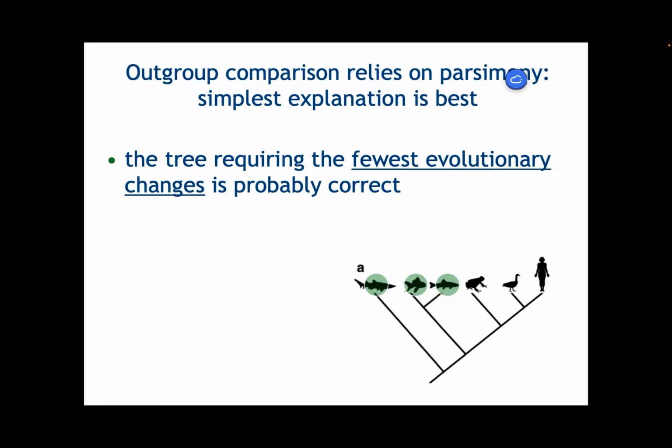Whichever explanation requires fewer of those is simpler and probably better, probably more likely to be correct. And this is how we can apply parsimony to phylogenetic analysis.